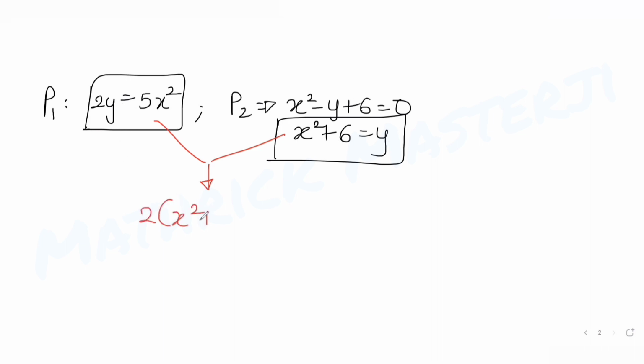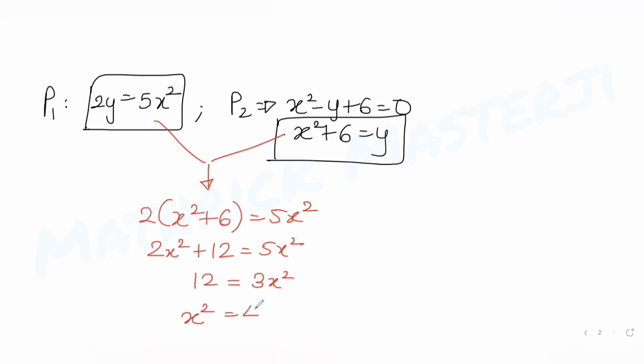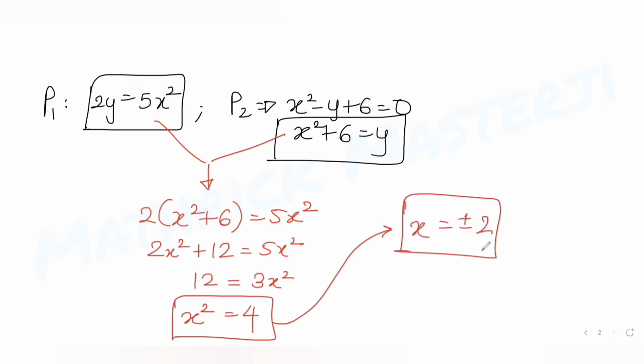So 2 times (x square plus 6) is equal to 5x square, which gives 2x square plus 12 equals 5x square, so 3x square is equal to 12, and x square equals 4. So x is plus 2 or minus 2, and those become my limits.